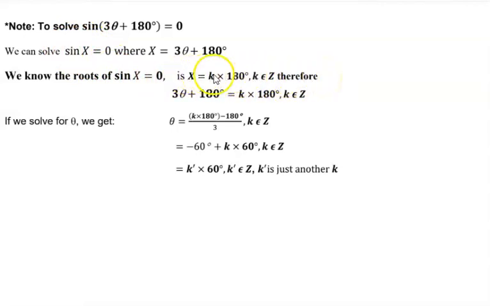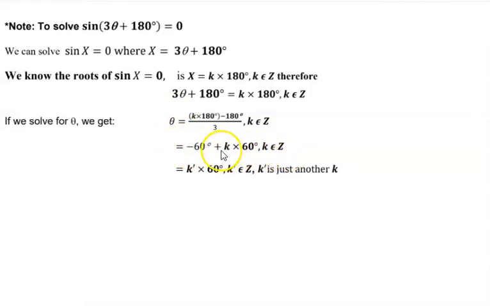So once I have the solutions for my sine x equal to 0, then I plug back the 3 theta plus 180 degrees, and then I solve for theta, and then I get exactly what I had before.